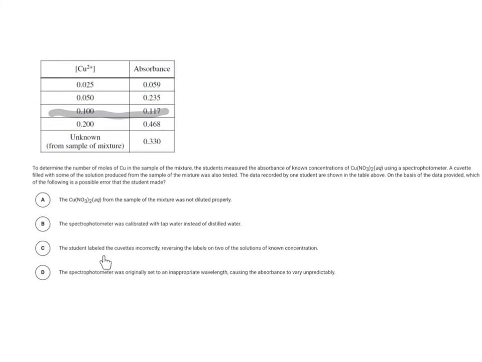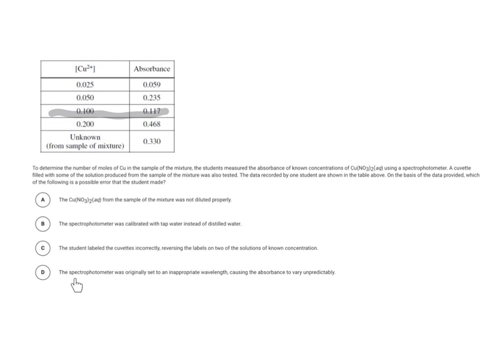C says the student labeled the cuvettes incorrectly, reversing the labels of the 2 solutions of known concentrations. Now that might also possibly be a correct answer, but I need to check the math to make sure that the absorbances are going up in a way that is consistent with the increase in concentration. So right now I've narrowed my answers down to possibly A or possibly C. It says the spectrophotometer was originally set to an inappropriate wavelength, causing the absorbance to vary unpredictably.